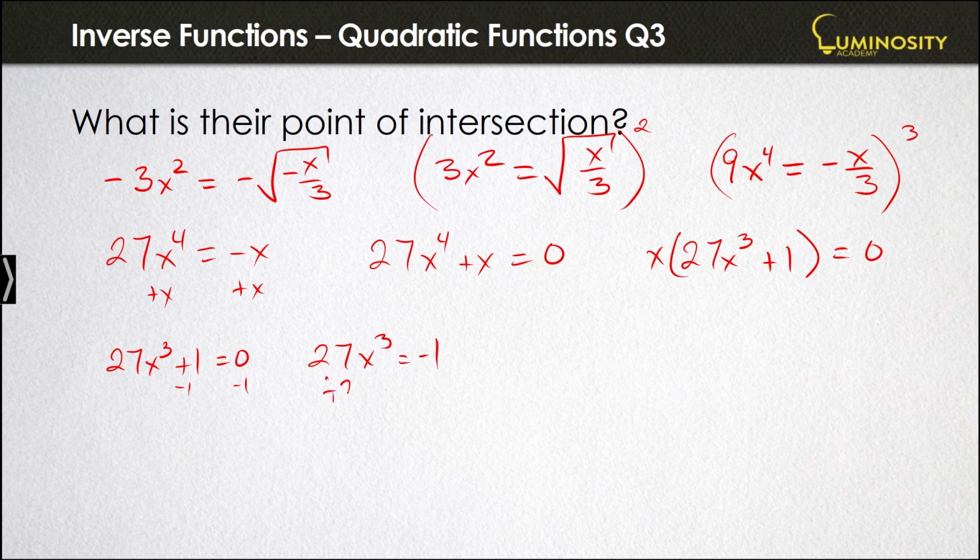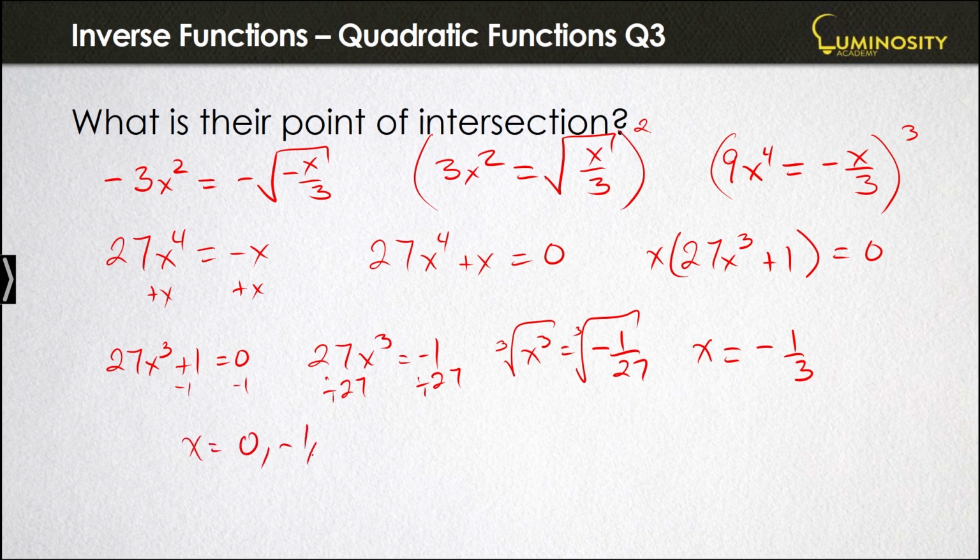And then we're going to divide by 27. So we'd have x cubed equals negative 1 over 27. And now we're going to take the cube root of this, and we get x equals negative 1/3. So that means our x points of intersection are 0 and negative 1/3.